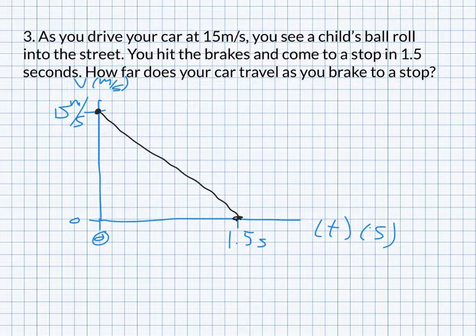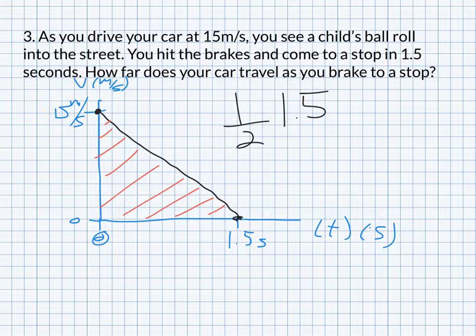Now, this is a velocity versus time graph, and they're asking how far do I travel? Well, remember that on a velocity versus time graph, the distance you travel, or the displacement, is the area under the graph. So if I shade this area in, I could use this graph pretty quickly to get the answer. Well, if I'm good with math, I could do it pretty quickly. So area of that triangle is half base times height. So half of 1.5 times 15.